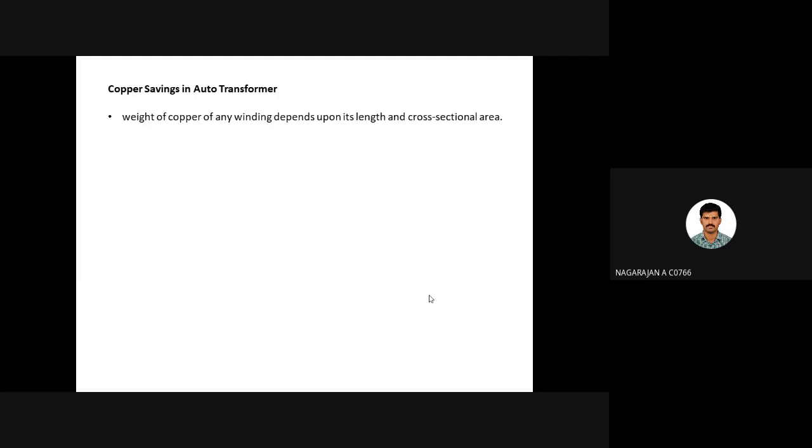That is, we are reducing the voltage. When you reduce the voltage, what will happen to the current? Current magnitude will increase. Keep that in mind. So when current value is increased, you need a thicker conductor.